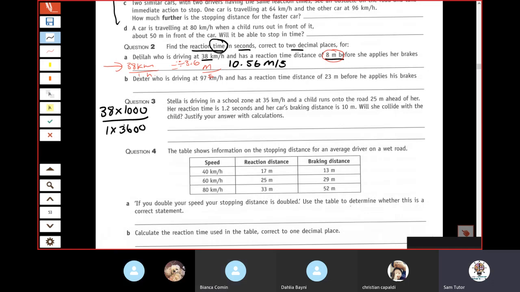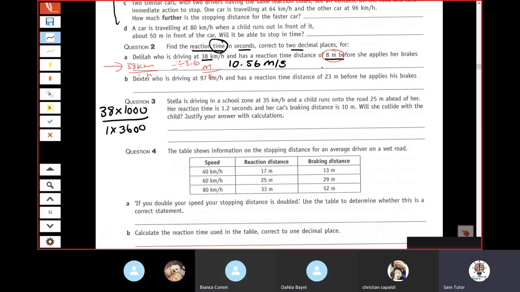Going from hours to seconds you multiply, and kilometers to meters you also multiply. If you plug that into your calculator exactly as you see it, you should get 10.56 as well. Any questions there?